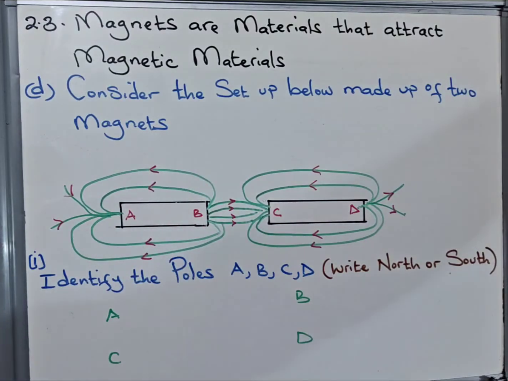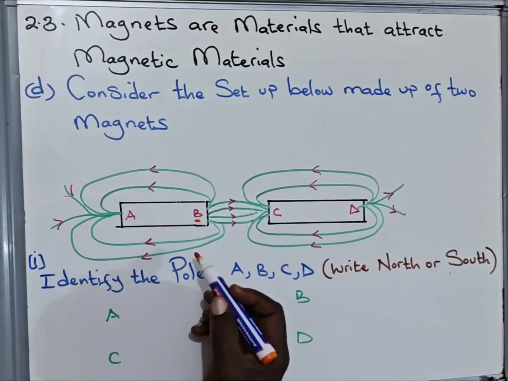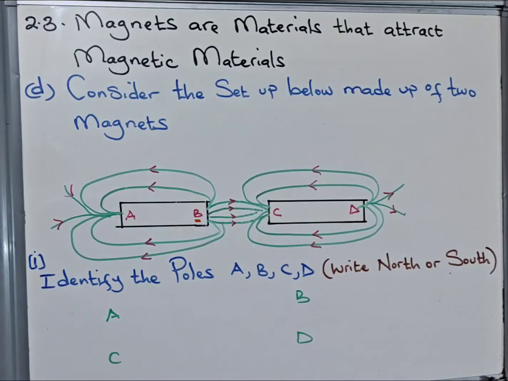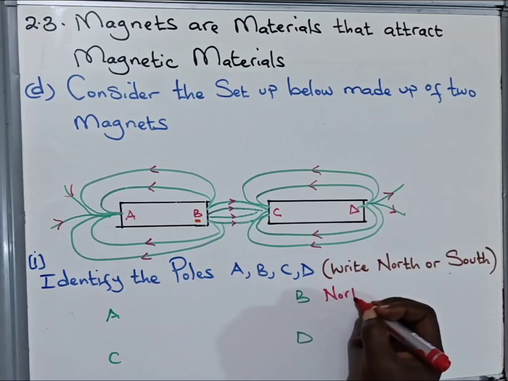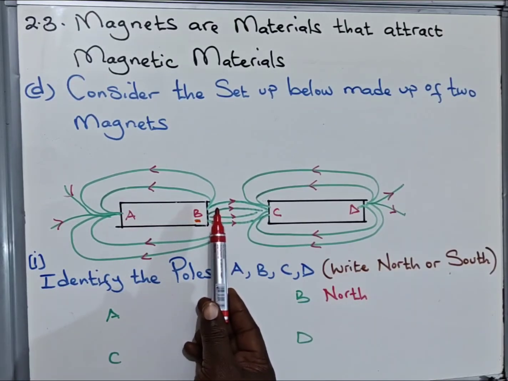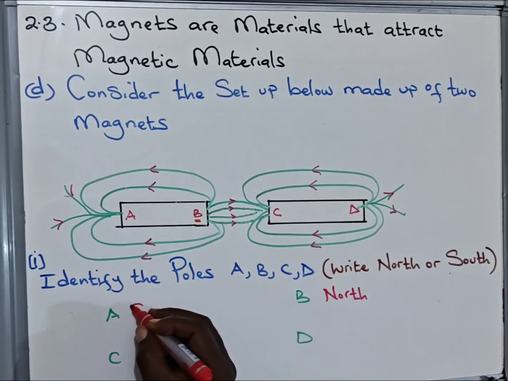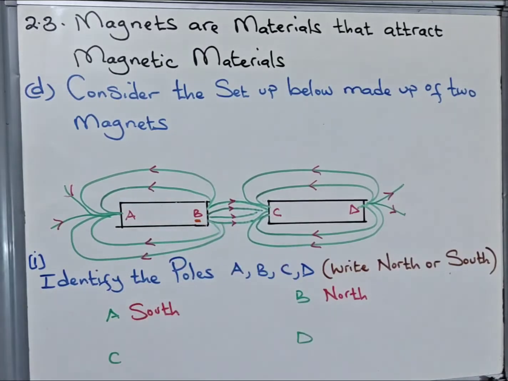This implies that what you have here is north. So B is north. Why? Because fluxes are moving from there and they are entering A, so A is south.